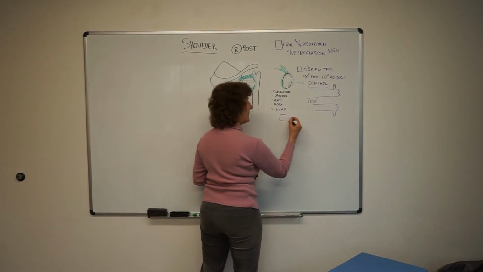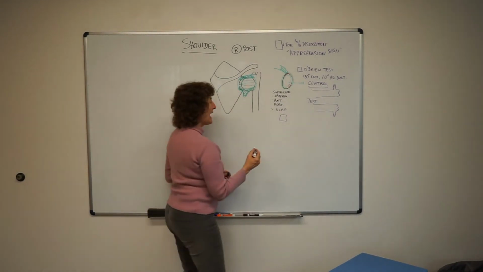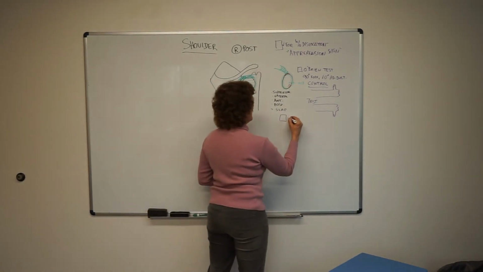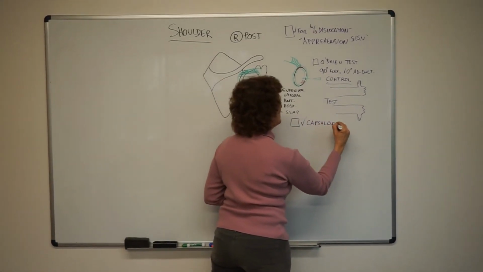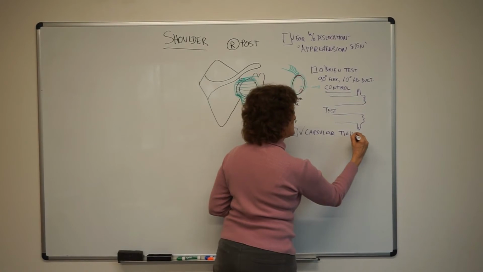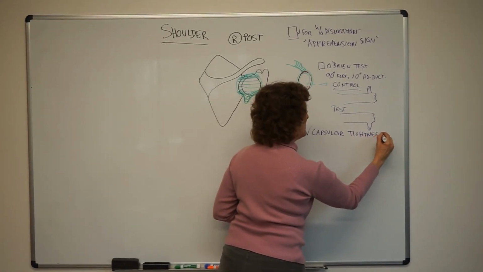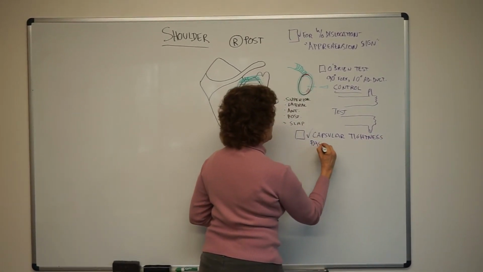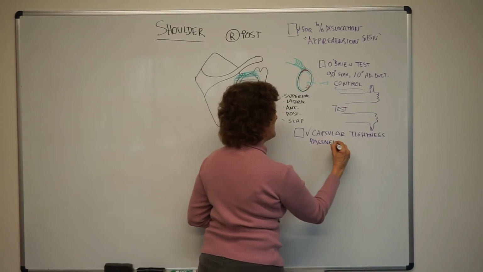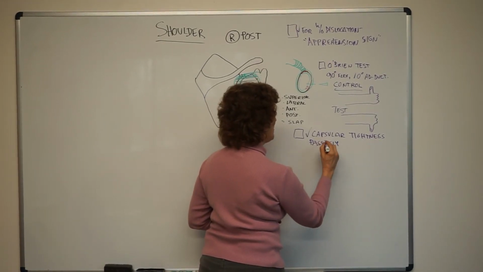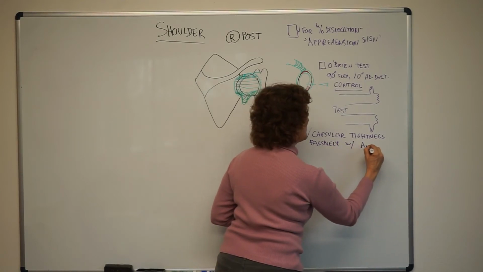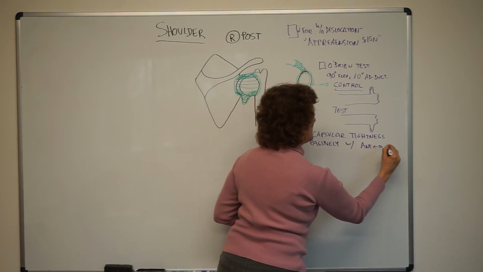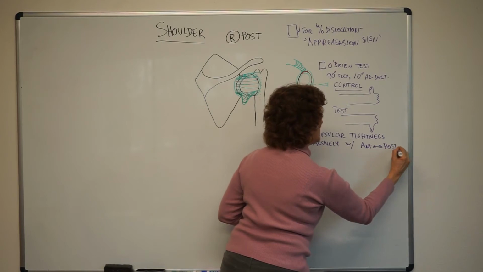And what causes the laxity? Laxity can be caused, just make it simple, capsular tightness. You do it passively, that means you do it to them. They don't have to do anything. With anterior, posterior, glide.